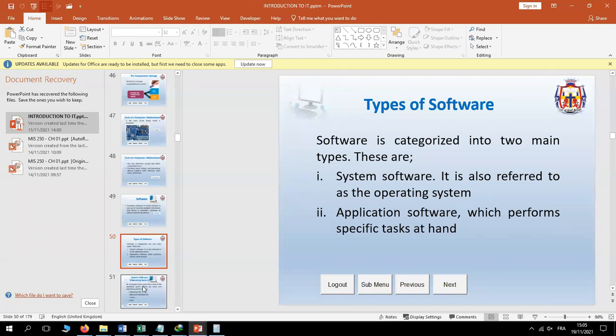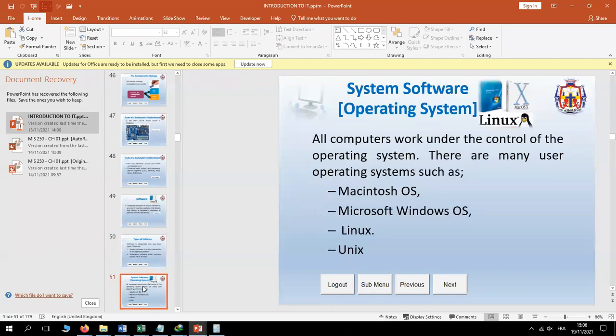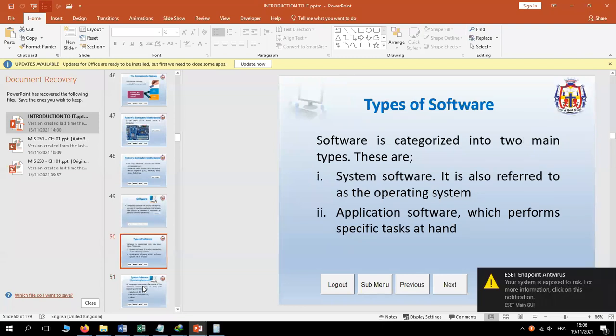It directs, it coordinates, it supervises, and it provides the interface for the user to interact with the computer. So don't worry, I know some of you could be asking what I've said. Of course, it will be re-echoed in my explanation. So, of course, we shall look at application software as well.